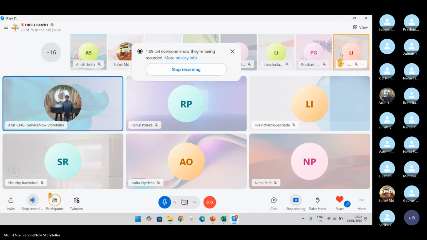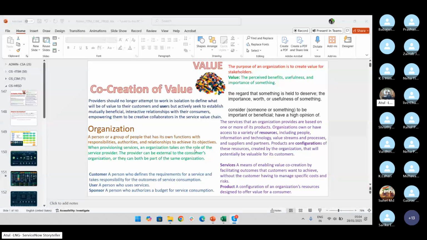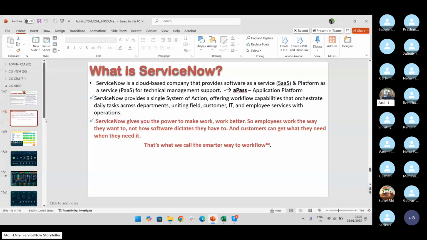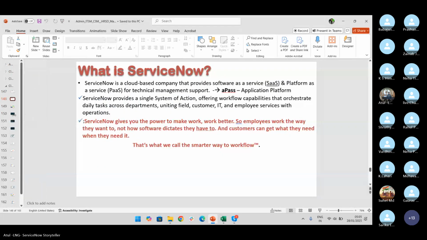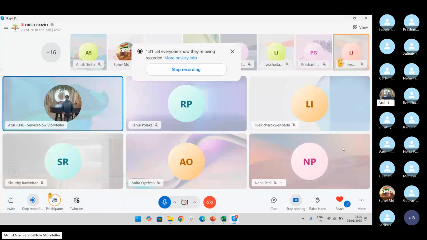Okay, so let me come here on my screen and we'll discuss this part. We discussed that ServiceNow is a platform, right?